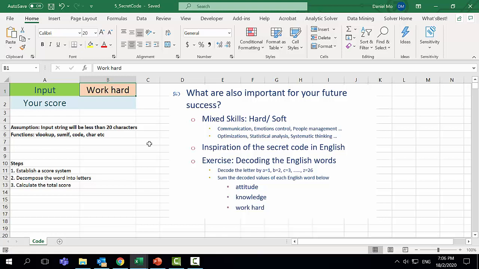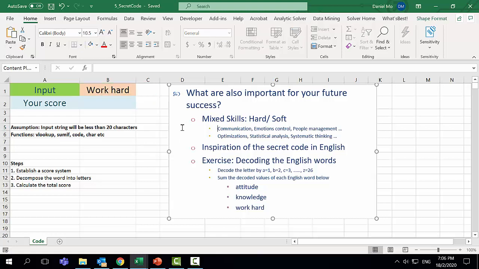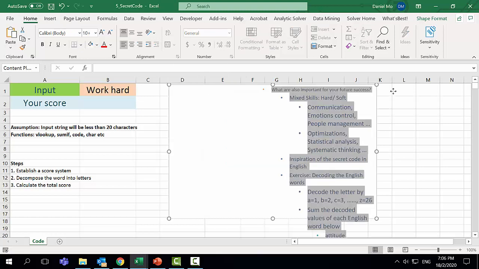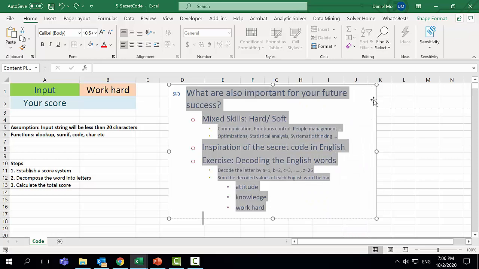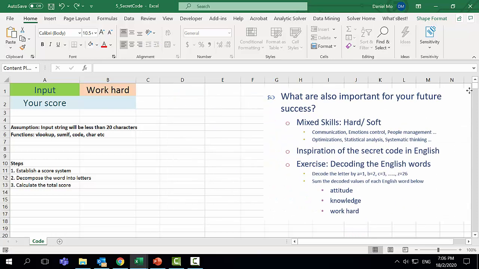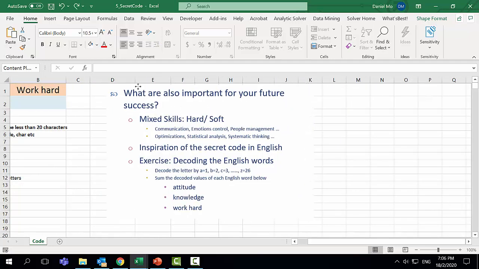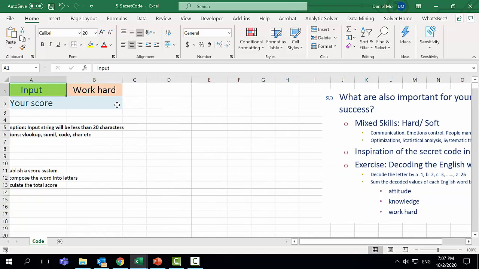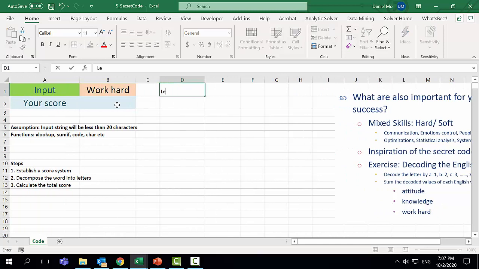So for step 1, we need to establish a score system. Let's move that next to the point. Yes, and we need more space to build the score system. For a score system, let's consider that we have a letter and then the score.